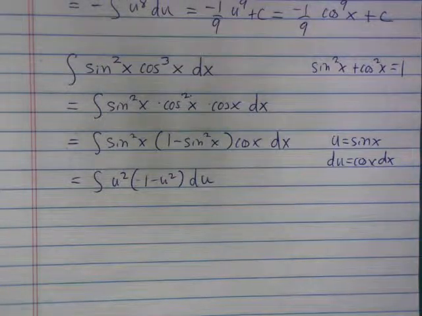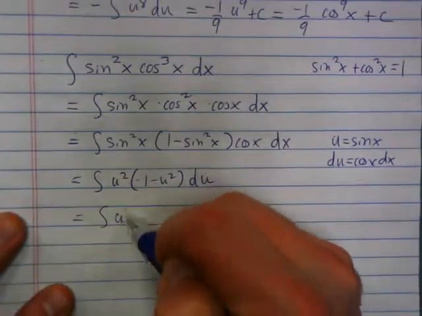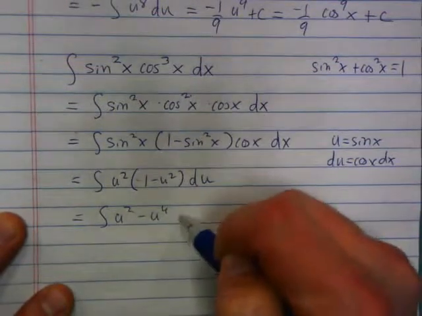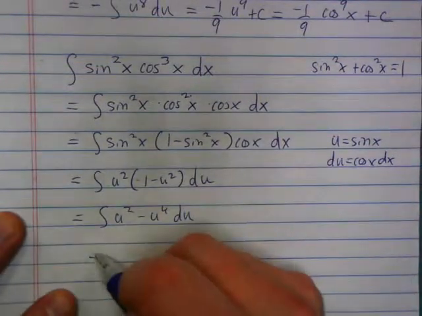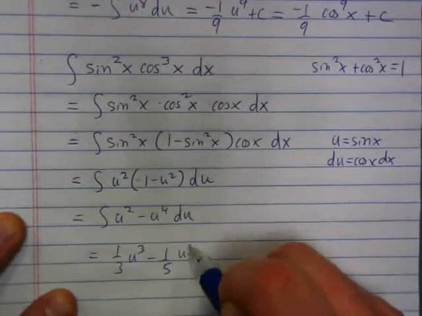I distribute, I integrate, plug my x's back in. It's an easy problem now, right? That's the integral of u squared minus u to the fourth du. That's 1/3 u cubed minus 1/5 u to the fifth plus c.